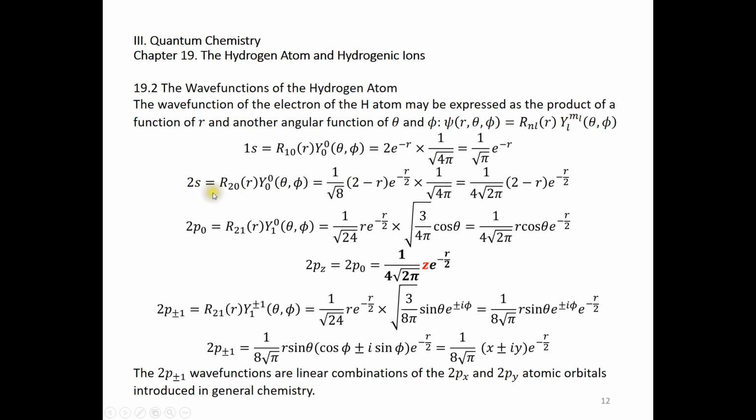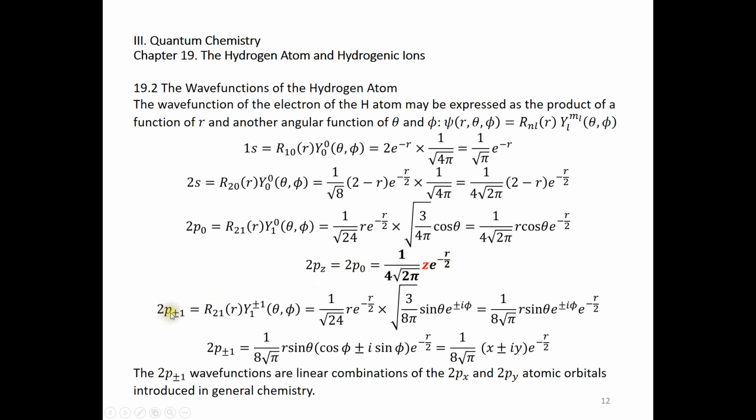Now 2s orbital, the function of r, the function of theta and phi, we multiply them together, we get a polynomial function of r times an exponential function of r. 2p orbitals, 2p0 over here, 2p0 and 2pz are the same thing. It's proportional to z and e to the power of negative r over 2.